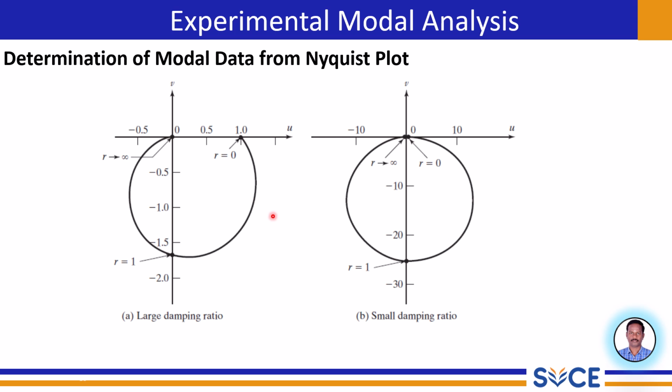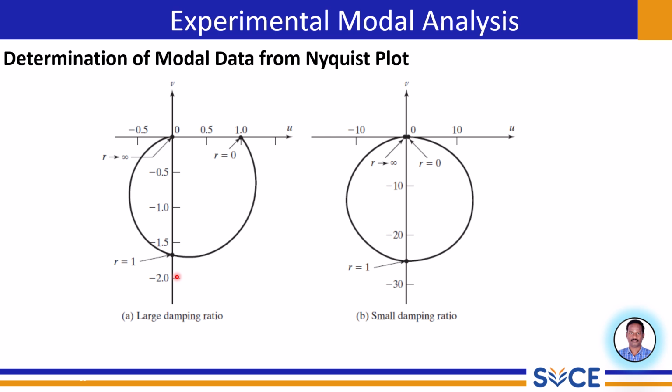Let's see how to estimate the damping ratio from this Nyquist plot. Remember that the plot shows the real and imaginary parts of the system frequency response. The shape of the curve, especially around the point where the frequency ratio r is equal to 1, which is near the natural frequency, gives us information about the damping.